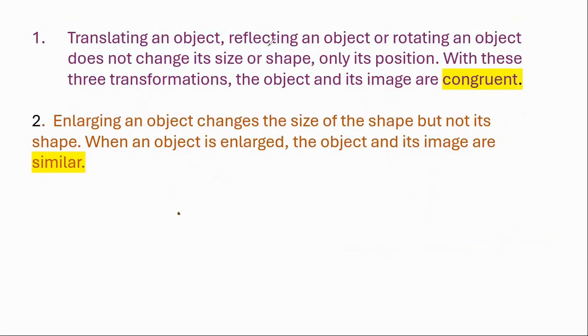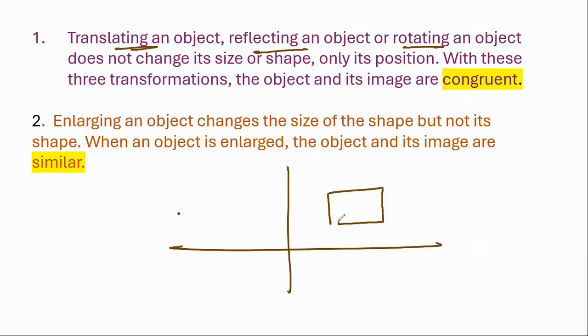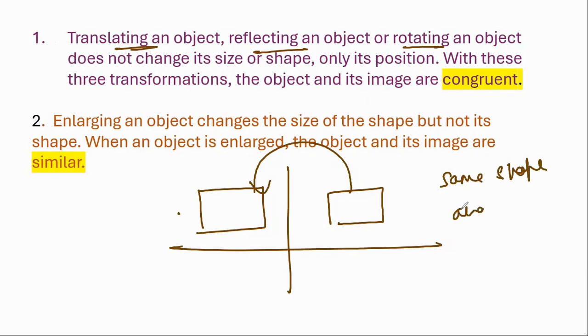If you are reflecting, translating, or rotating an object, let's say this is the original figure and I transformed it and the new figure is this one, then the figures are congruent, meaning they have the same shape and same size.